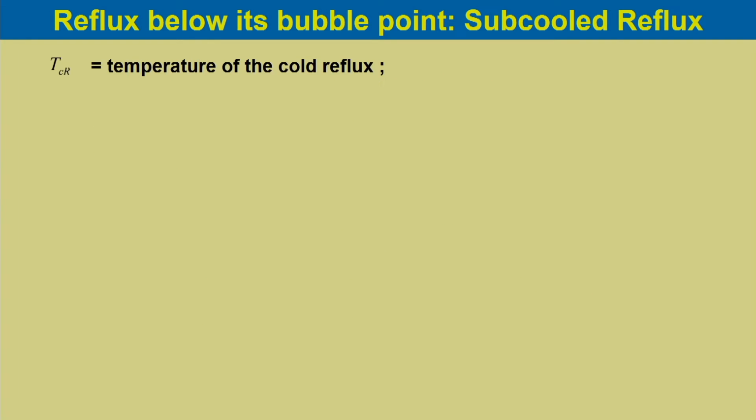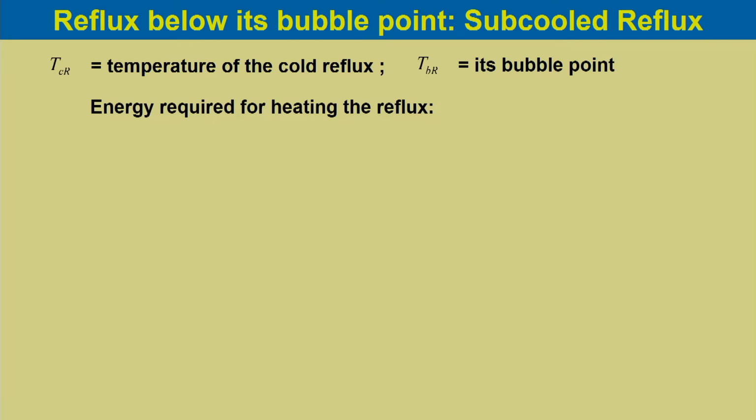Now, let us consider TCR as the temperature of the cold reflux and TBR as the bubble point temperature of the cold reflux fluid. The energy required for heating the reflux is Q, which would be equal to L naught CPR MR into the temperature difference, that is, until it reaches the bubble point on the tray.